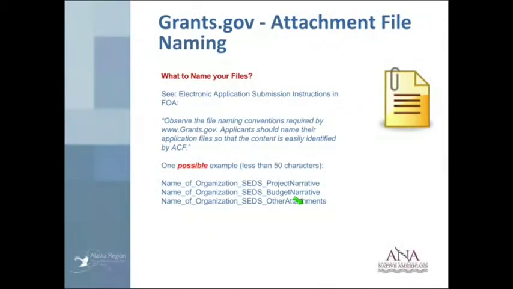The other thing is the guidance in the FOA about what to name these files. It basically just says to observe the file name conventions required by Grants.gov, so it's a little bit of circular logic. There really isn't a specific way you're instructed to name these, but a possible suggestion is to put the name of your organization, underscore, the name of the program you're applying for, and then the name of the attachment you're putting together.